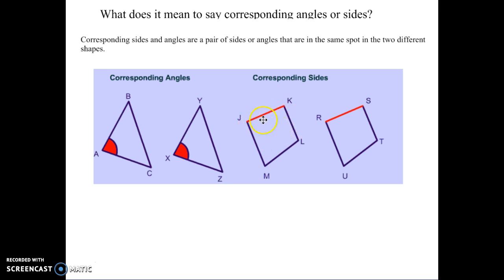Same deal with the corresponding sides. JK and RS are in the same place when you're comparing these two figures. JM and RU are in the same place when you're comparing the two figures. So corresponding sides and corresponding angles refer to a pair of angles or a pair of sides that are in the same spot when you're comparing two figures.